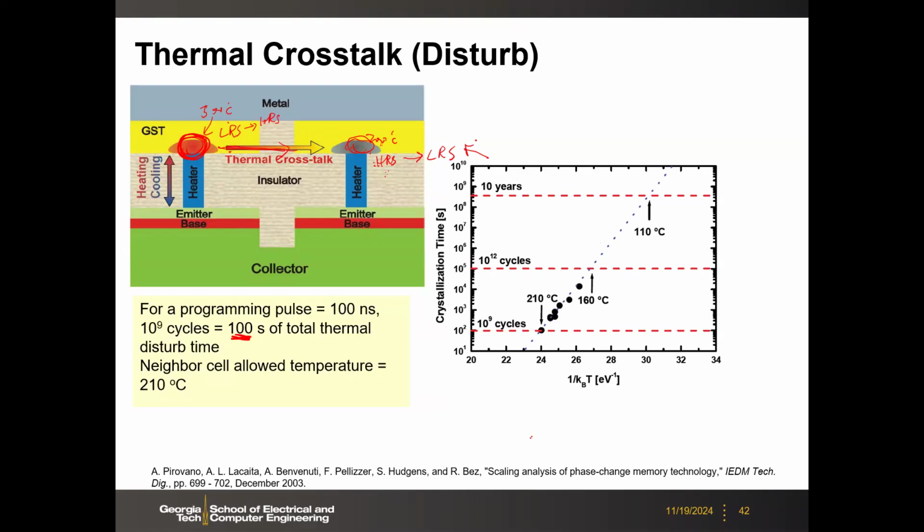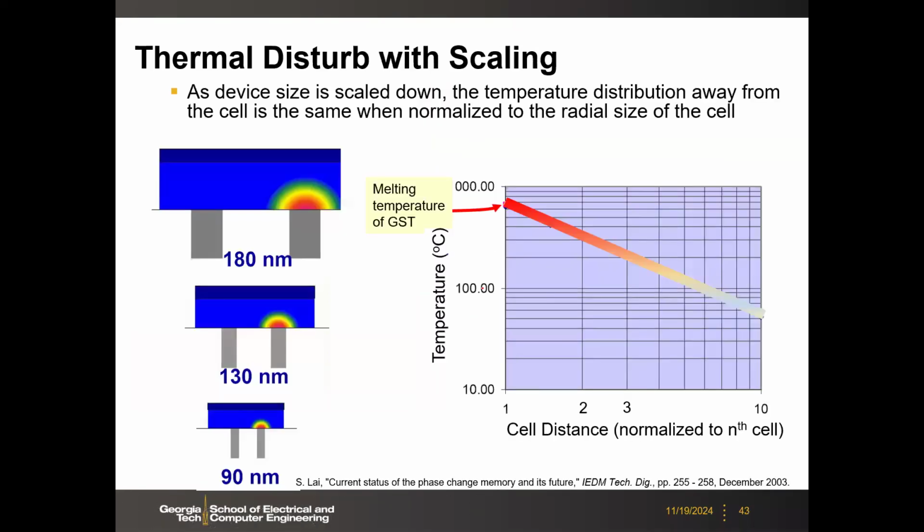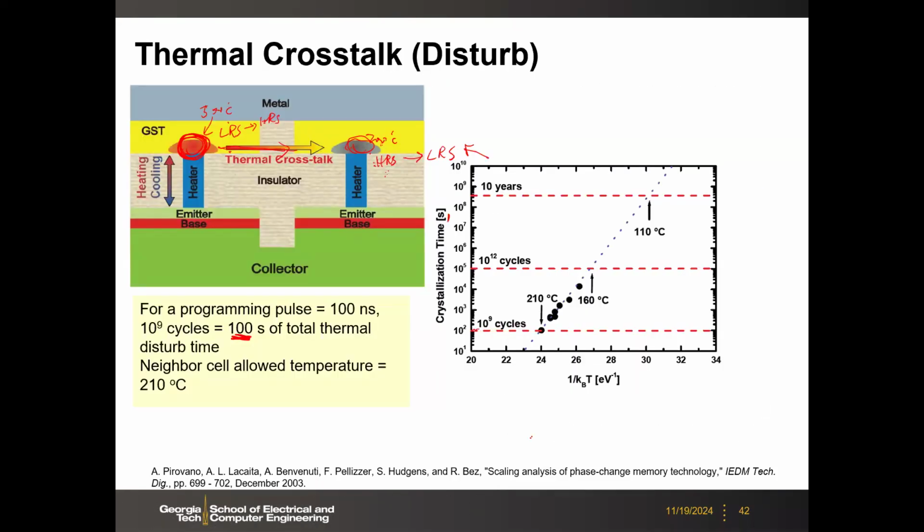So in this particular example, 100 seconds. This is seconds, and 100 seconds is here. You see that for 100 seconds, it can sustain the temperature here, 24 in 1 over kT.